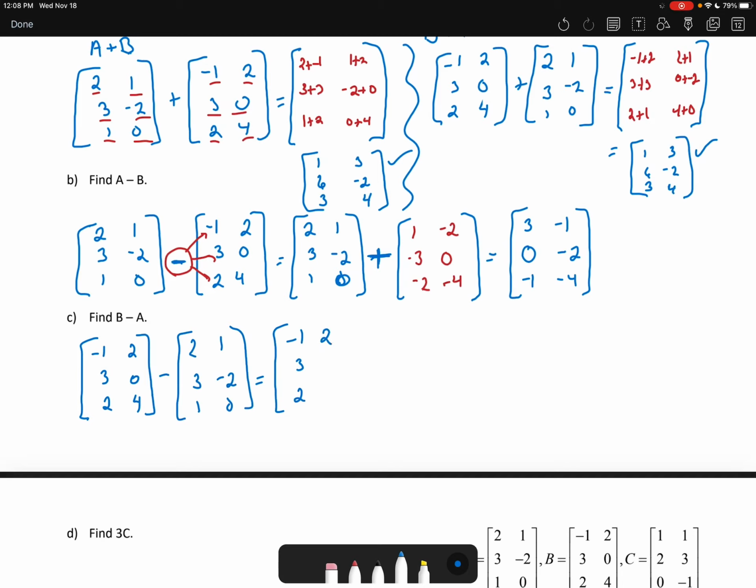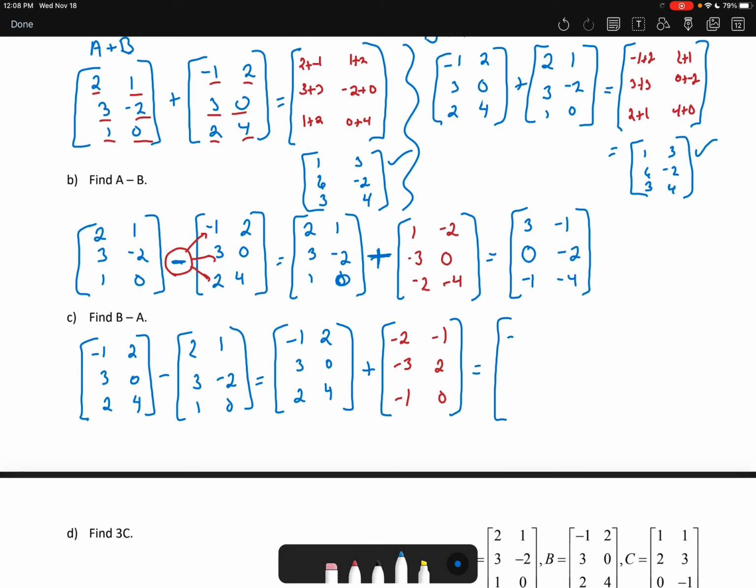So the first matrix stays the same. I'm going to change this to adding, and I'm going to reverse every value in the second matrix. Reverse the signs. And now add my corresponding entries.